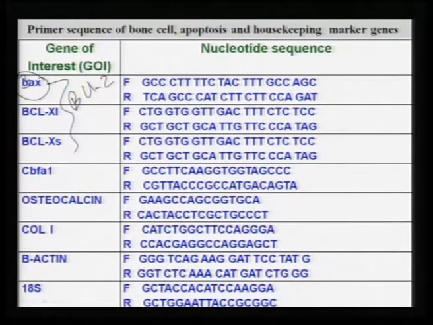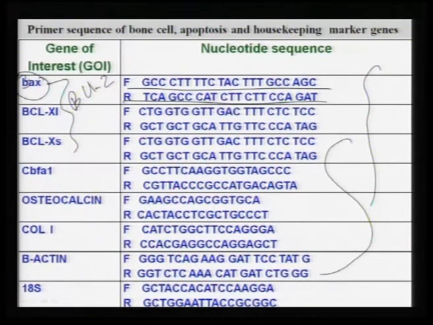Now, I told you what is called a primer. These primers are forward and reverse. Why are forward and reverse required? Because RNA is single strand, DNA is double strand.